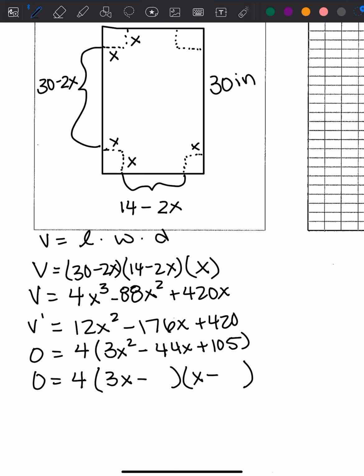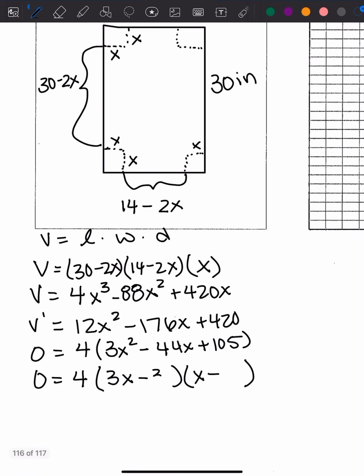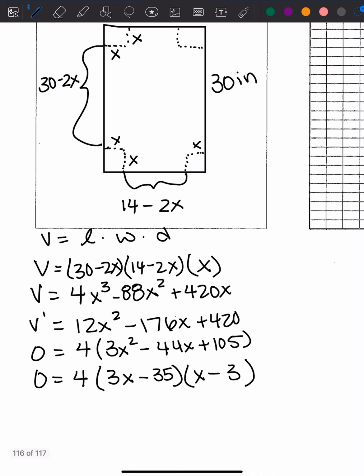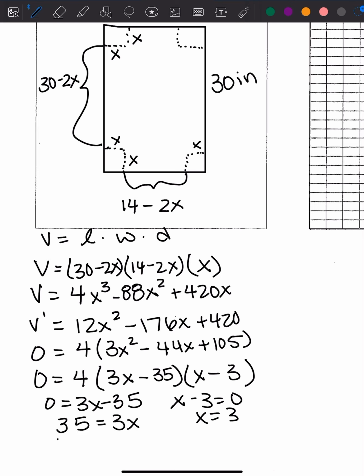So I know that that's going to kind of pair off into this weird spot. So we're going to have 3x minus 35 and x minus 3. I'm going to set both of these equal to 0. So we get x is equal to 3 and x is equal to 35 over 3.